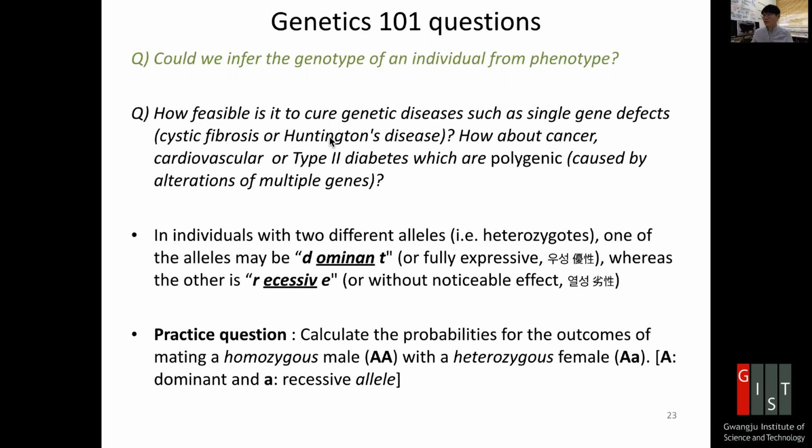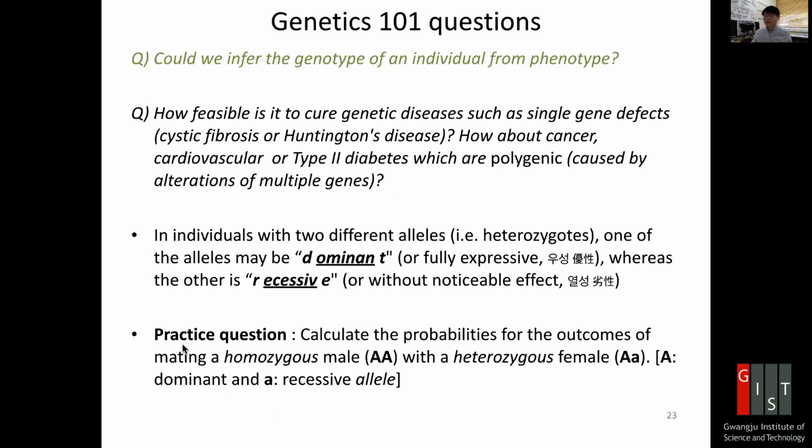What about cancer, cardiovascular disease, or type 2 diabetes? We know a lot more about these than before. They are polygenic, meaning not just a single gene defect but changes and alterations of multiple genes, and we now consider that environmental aspects have a lot of effect. So these diseases are very hard to treat, and we have to know more about this.